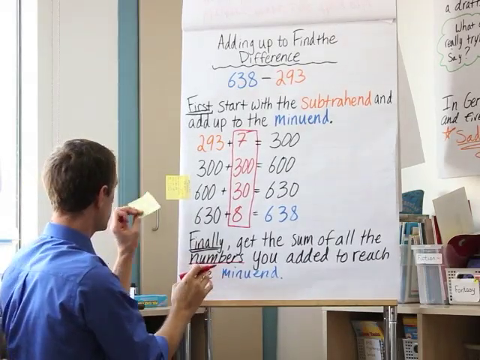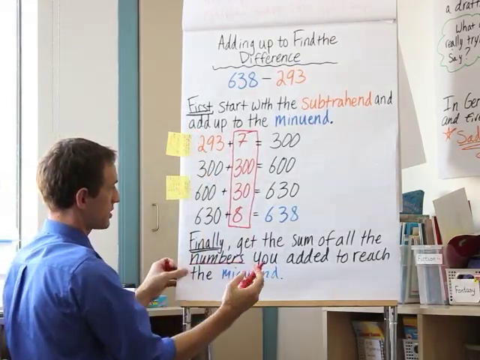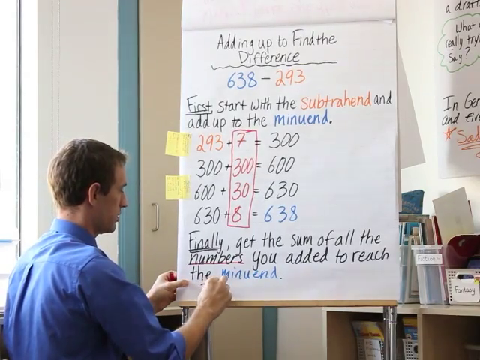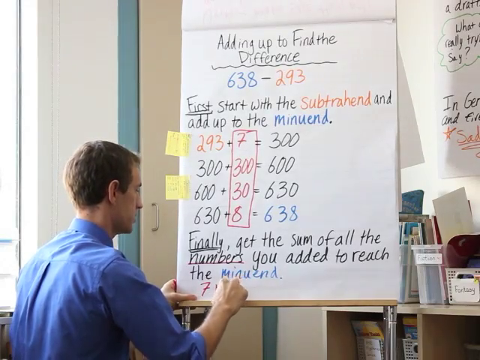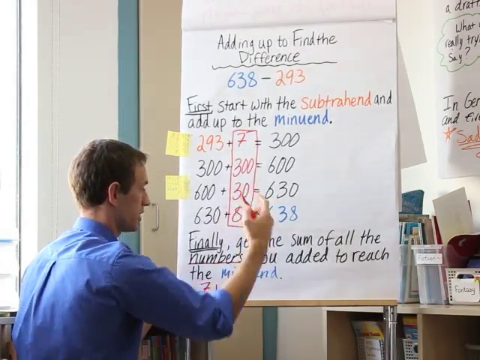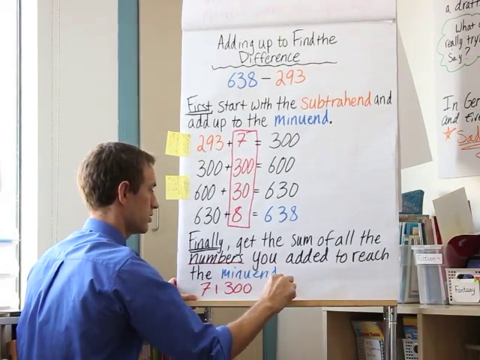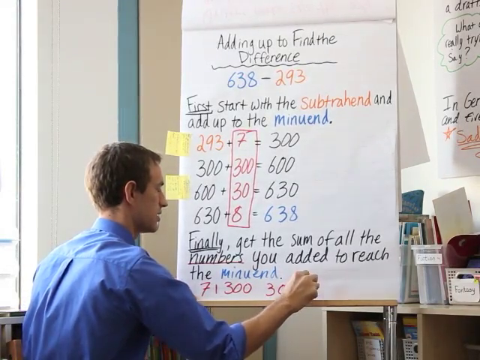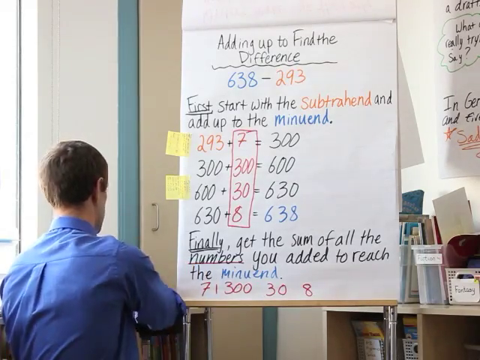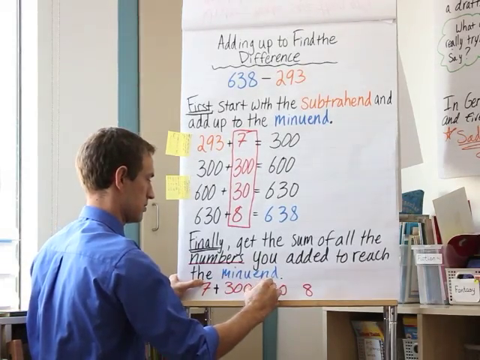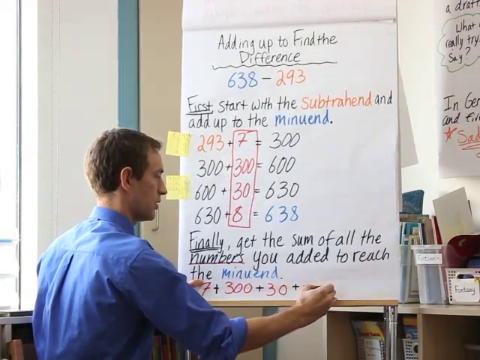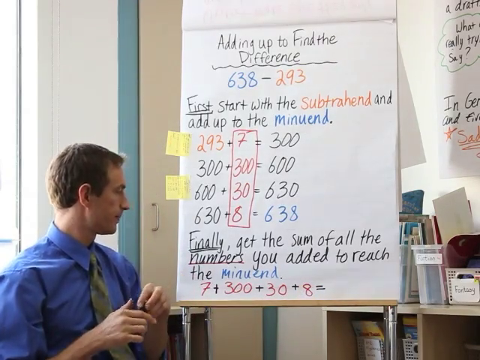So I don't have much space here, but here we go. 7 plus 300 plus 30 plus 8. Okay. And what does that give me?